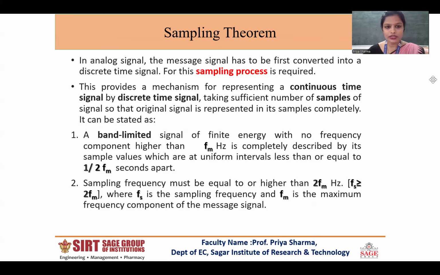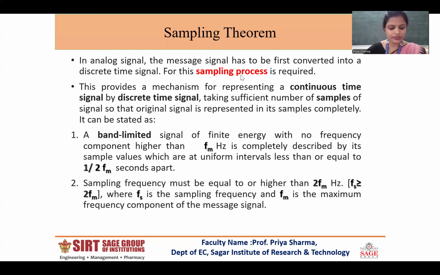So in the analog case, the message signal has to be first converted into a discrete time signal. For converting an analog signal into a discrete form, we require a process which is known as sampling.